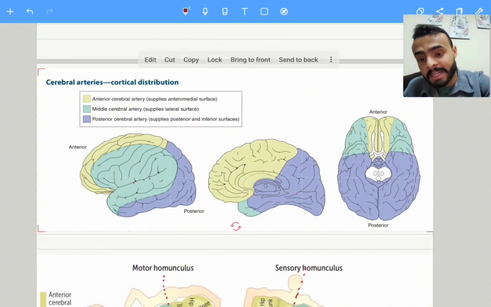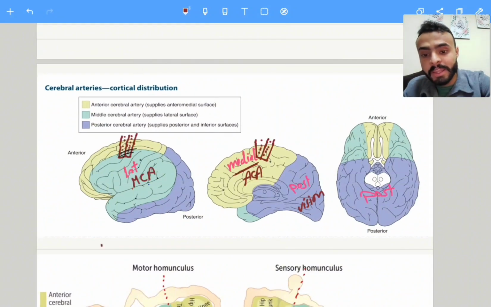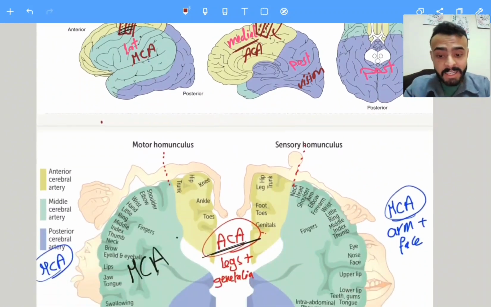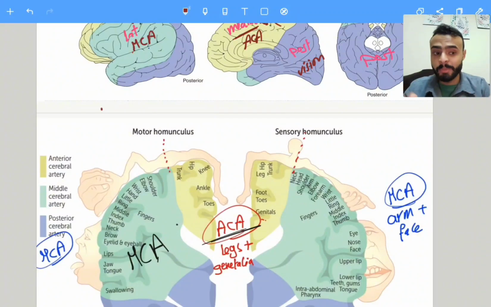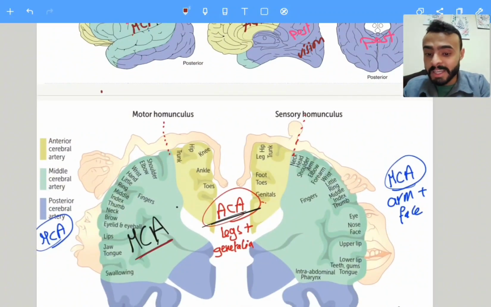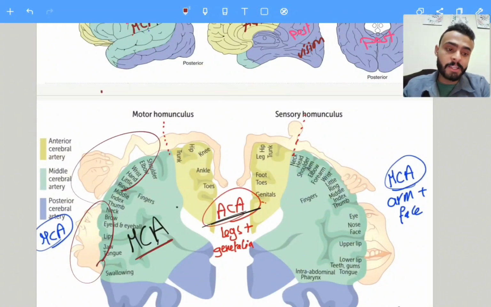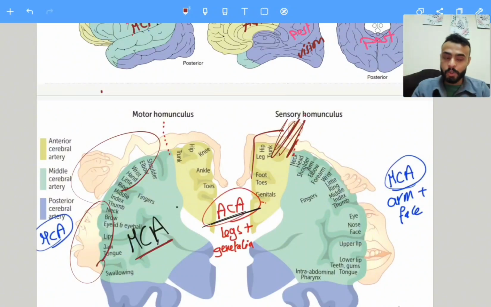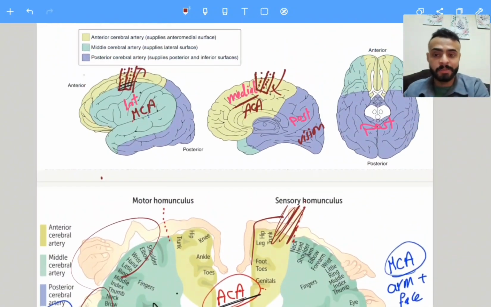They start laterally and continue medially. Laterally, look at the body parts representation in our brain. Middle cerebral artery supplies our face and our hand, while anterior cerebral artery supplies our pelvis, bladder and genitalia, and our legs. Either sensory and motor. As I showed here in this picture, motor and sensory areas are adjacent.